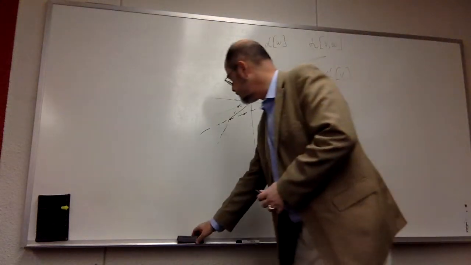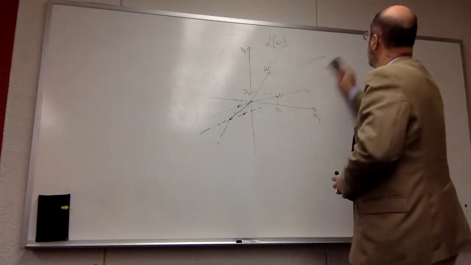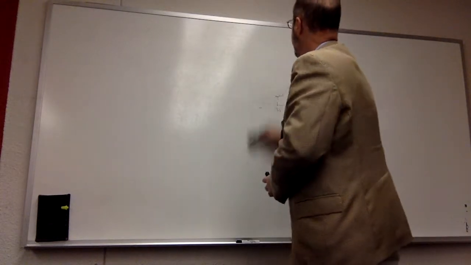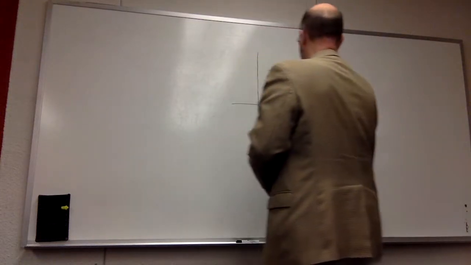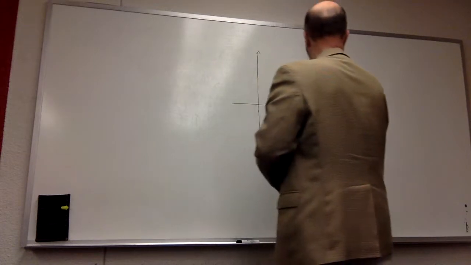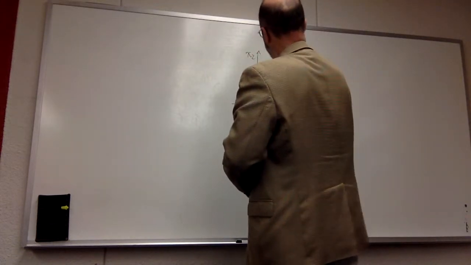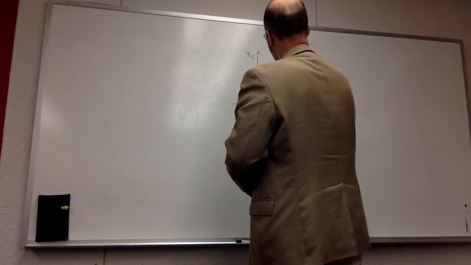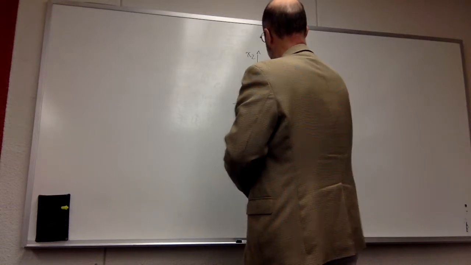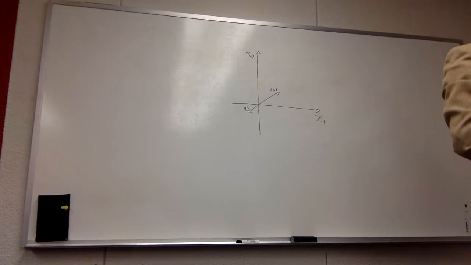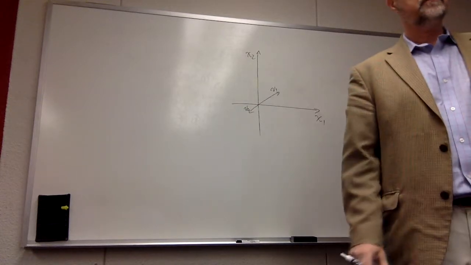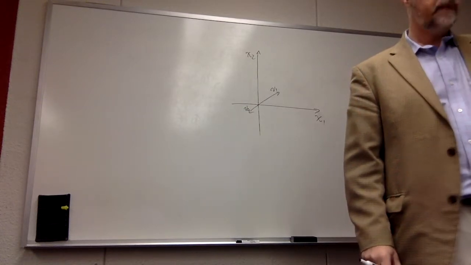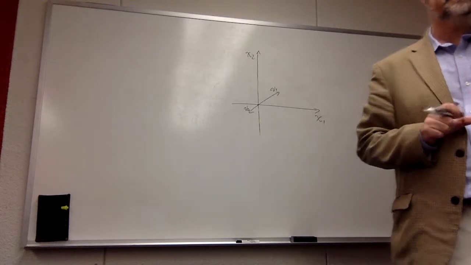So for example, let's redo a new picture. Suppose I have a vector v1 and a vector v2, which are exactly on the same line. I don't care if they point in the northeast or southwest direction, but they're on the same line. That matters.